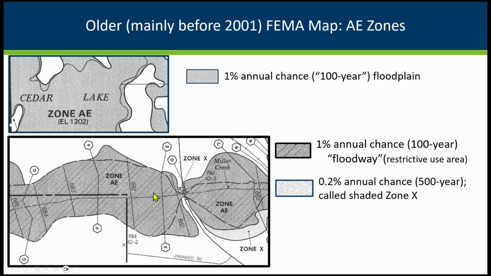So this is all part of that 1% annual chance floodplain, and we'll have that same base flood elevation, whether you're in the floodway or the flood fringe. And then it also has the 500-year as that lighter gray area. And on the newer maps, that's called a shaded zone X.